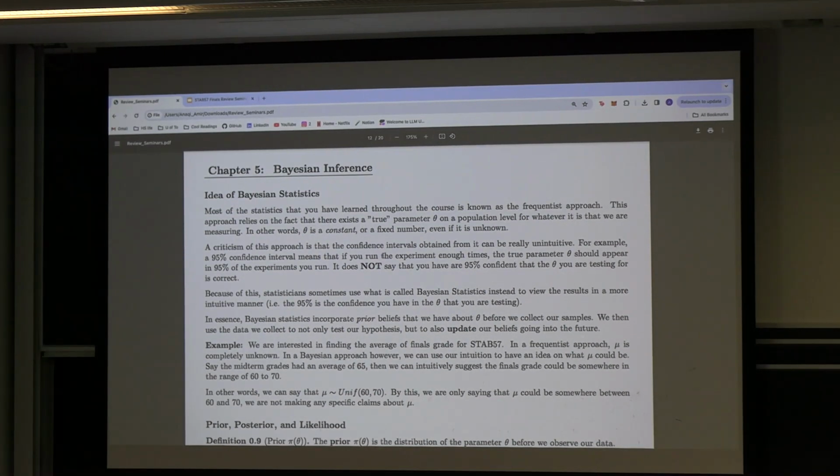Throughout most of the course, and most statistics in general, you handle an approach to statistics called the frequentist approach. Basically, you're trying to find the parameter theta. This could be the mean in a normal distribution or lambda in a Poisson distribution.